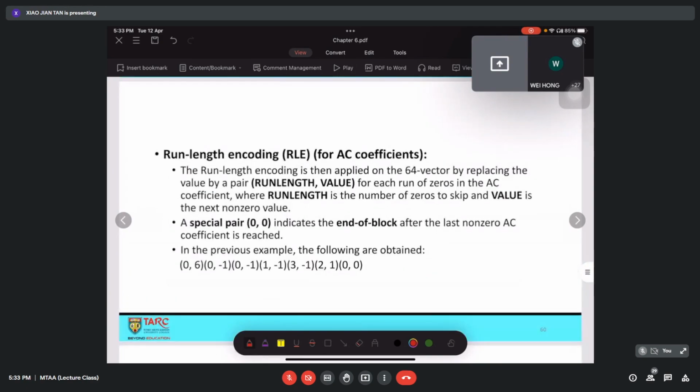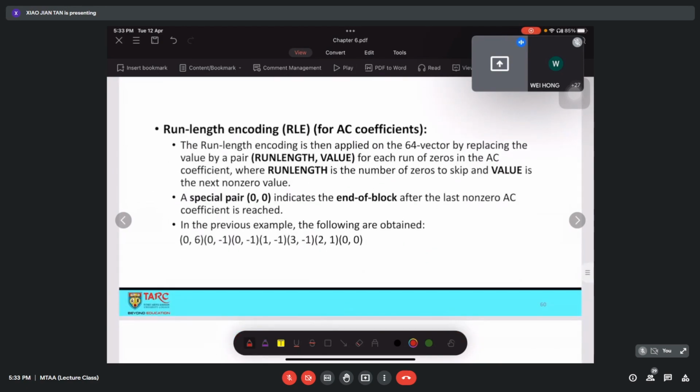So, run length encoding, RLE, for the AC coefficients. Nonetheless, RLE is part of the encoding methods. You have many more different kinds of encoding methods, but in JPEG, we are using this one.